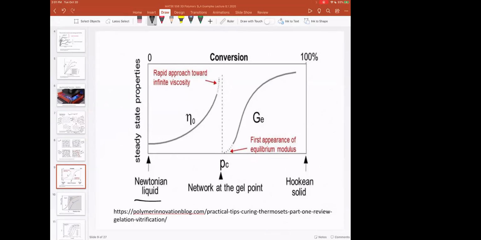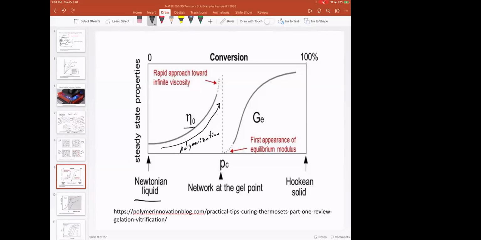But we see that the viscosity here, so eta 0 is the viscosity, rapidly increases as we undergo polymerization. And only liquids have viscosities. And so eta 0 is just the zero shear viscosity. And so we polymerize that liquid, the viscosity increases rapidly.